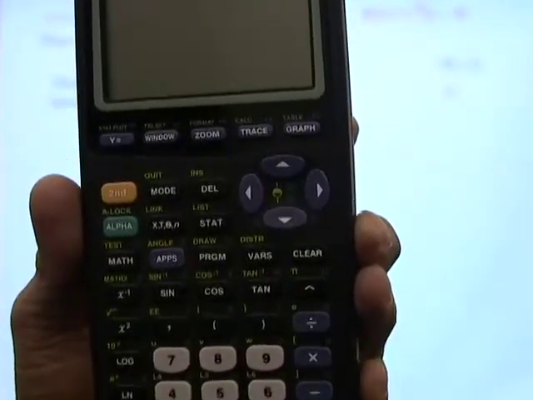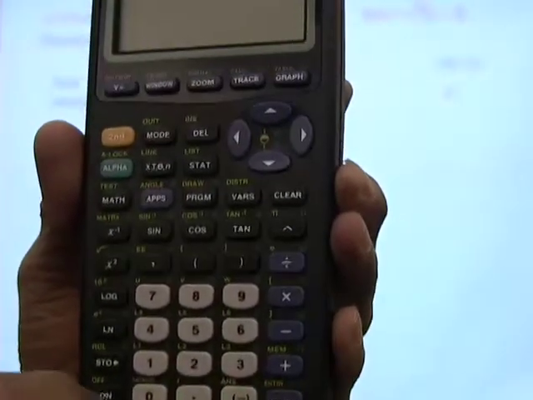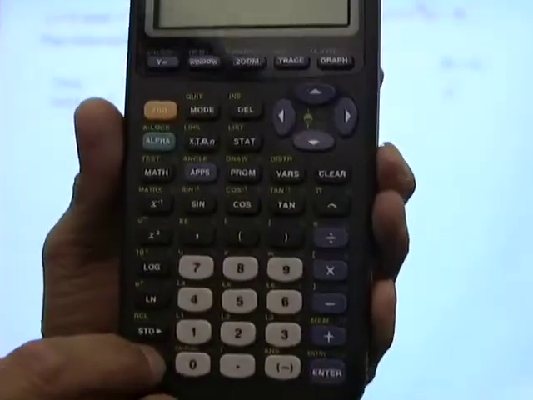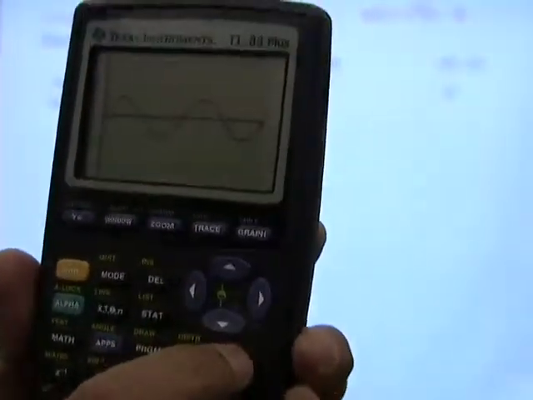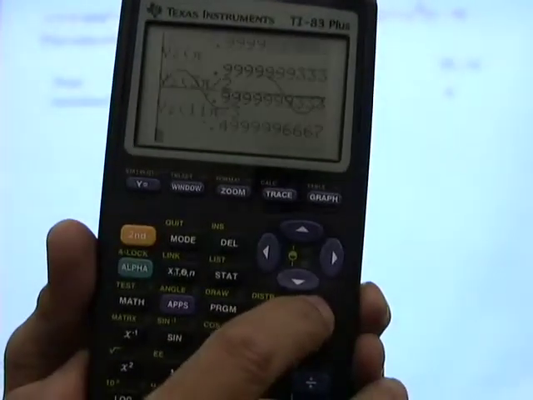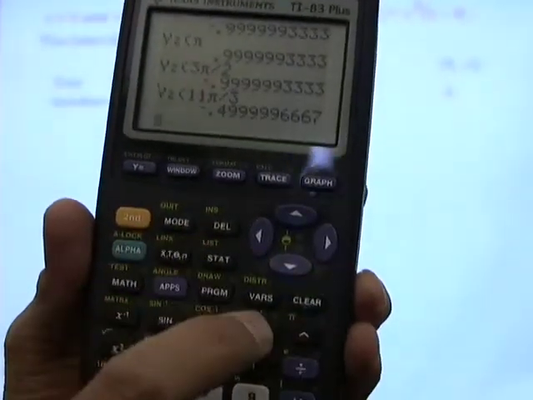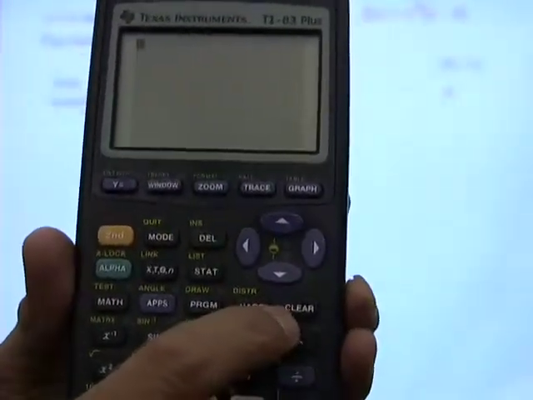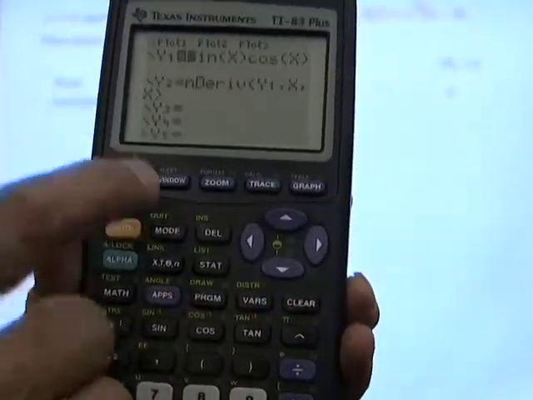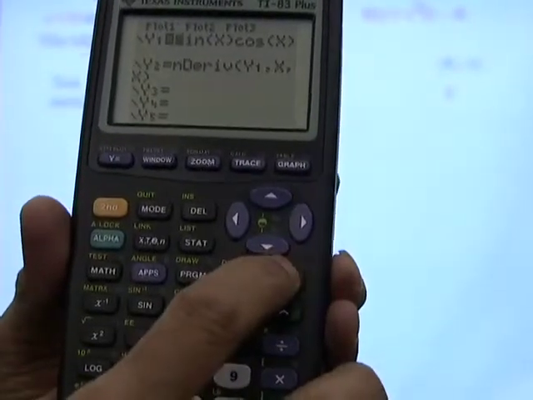To begin with, we need to turn on the calculator, which I very often forget. Turn on the calculator and clear whatever we don't want. And where do we go? Clear that screen. Now press y equal to and enter our function.